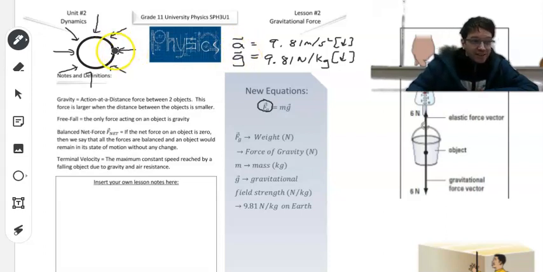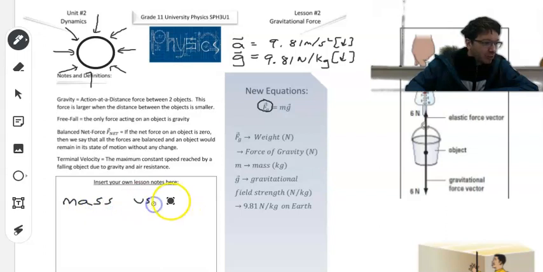And the strength of that field depends on where you are. If you're on the surface of the Earth, the strength of that field is 9.8 newtons for every kilogram of mass. And we can calculate the force that acts on you by simply taking your mass and multiplying it by 9.81 newtons per kilogram.